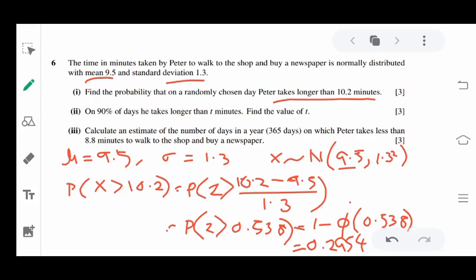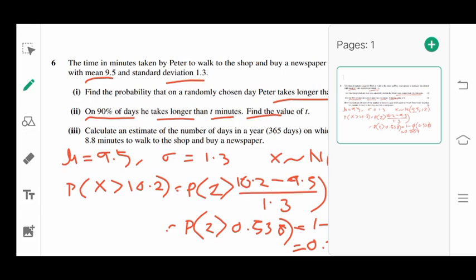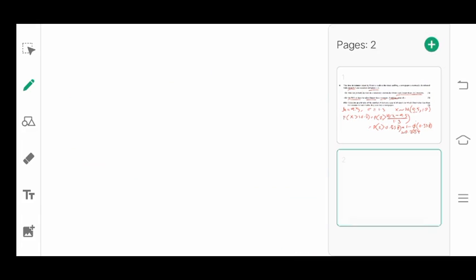And the next part of the question is, on 90% of days he takes longer than t minutes. Find the value of t. So I'll take another board.